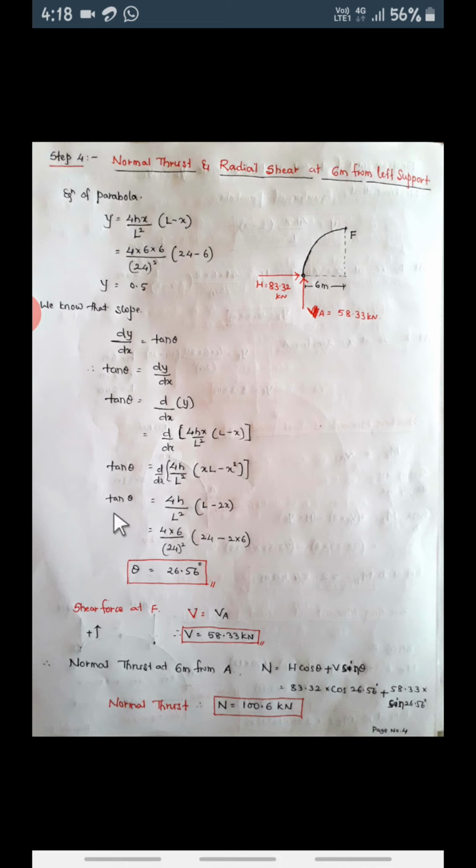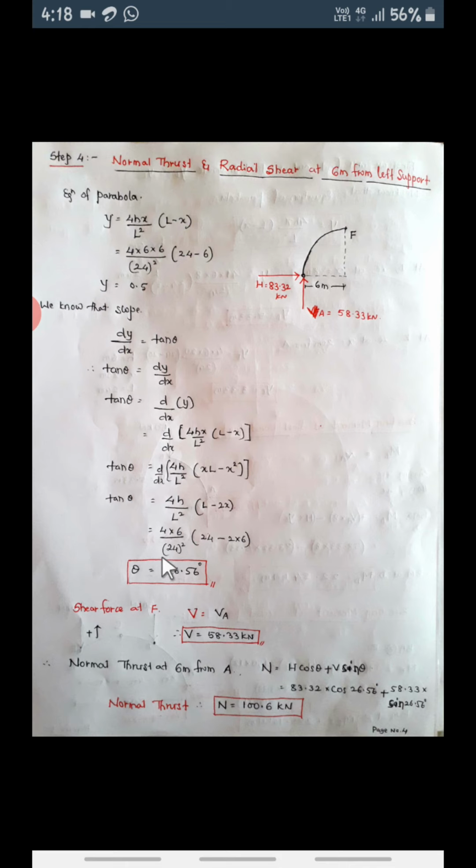Now differentiate this. Tan theta is equal to 4h by L square as it is. Then differentiation of xL is L, minus differentiation of x square, which is 2x. So the differentiation of this is L minus 2x.